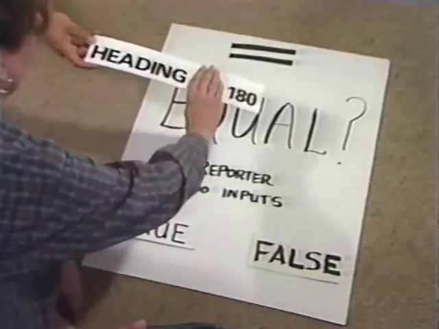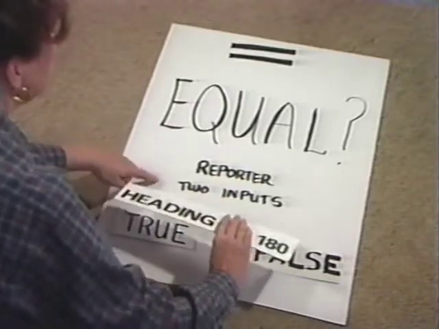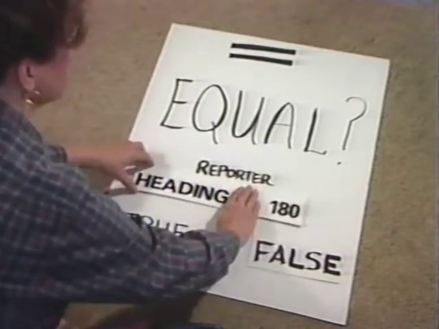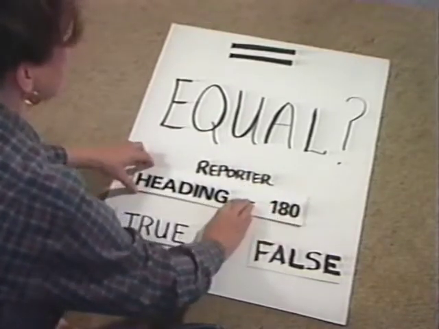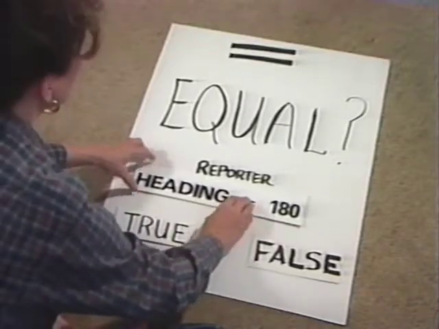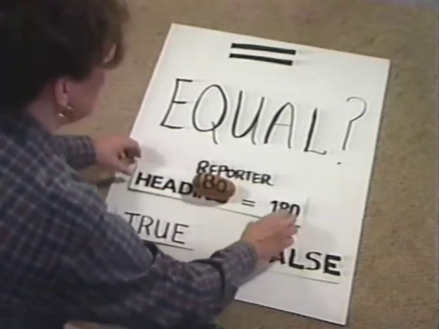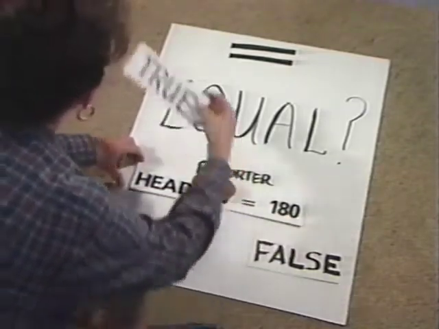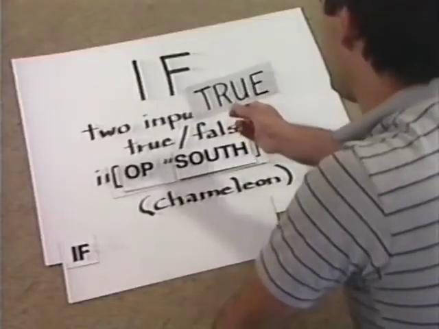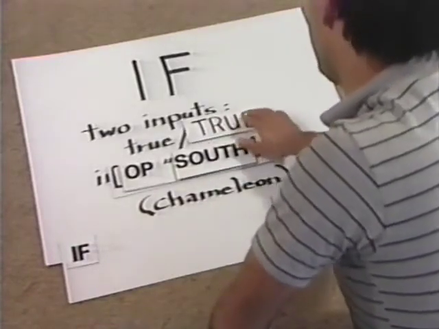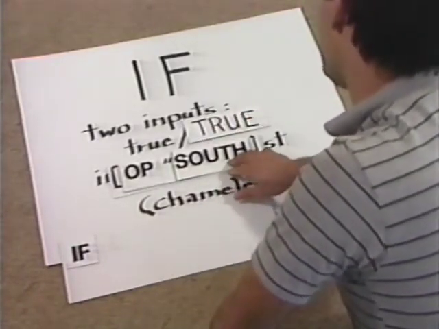Equals. I'm equals. I need two inputs. Here's my first one. 180, but I need another. Heading. Ah, there it is, 180. 180 equals 180. My output is true. Well, that means my input is true, and I get to run my instruction list.